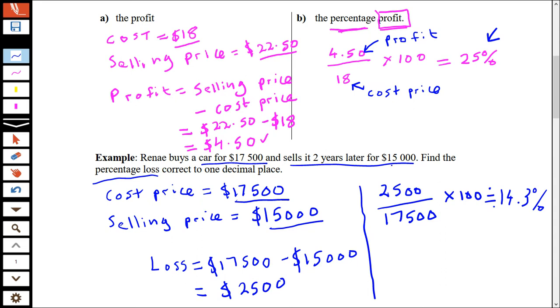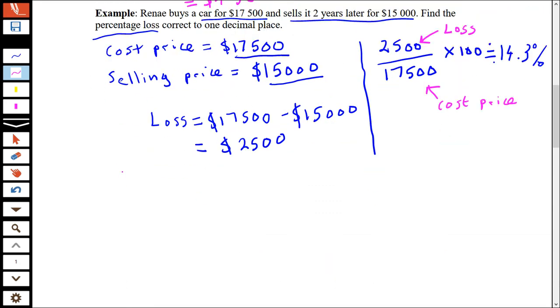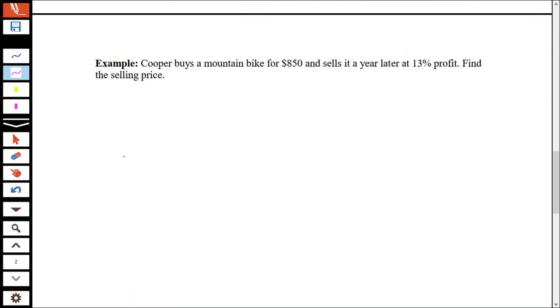Now, just like before, we could label the numbers here so we can see a pattern. Now, the number on the bottom, just like we did in the previous example, is the cost price. And the number here is loss. Okay, so let's have a look at another example. So make sure you copy all that down and we'll look at our last example.